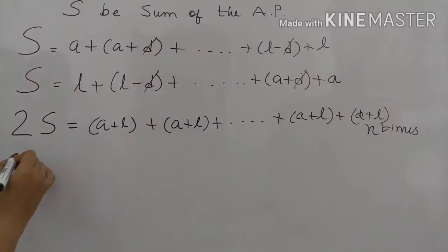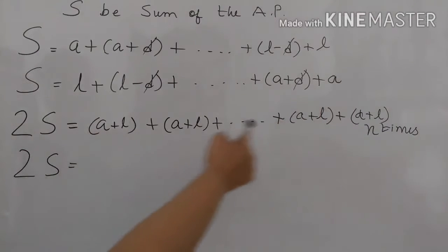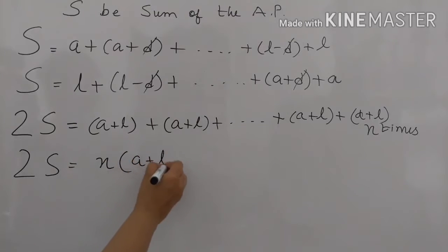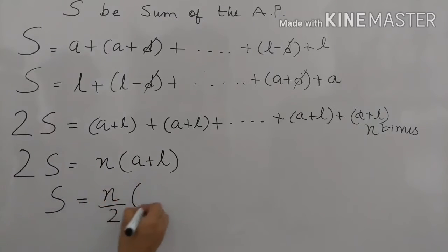Now on the left hand side 2S is equal to n times (a plus L). So S is equal to, this 2 will come in the denominator, n by 2 (a plus L).